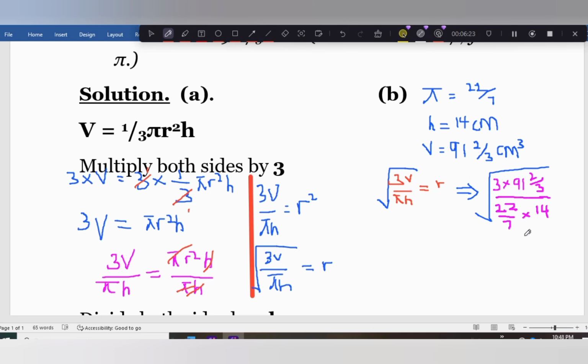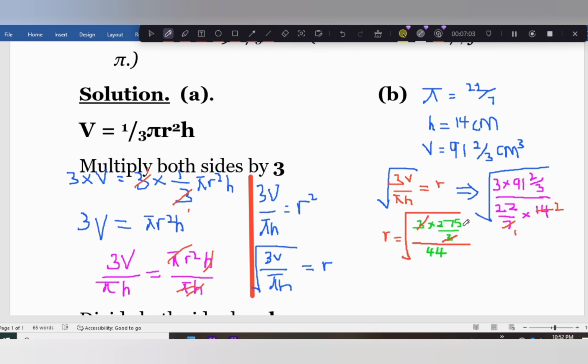So what we do now is to divide. 7 goes into itself 1, 7 into 14 is 2 left here, and then we have 22 times 2, which will give us 44. At the same time we can make 91 2/3, which is a mixed number, an improper fraction. Having made it an improper fraction, we can simply divide 3 by 3.